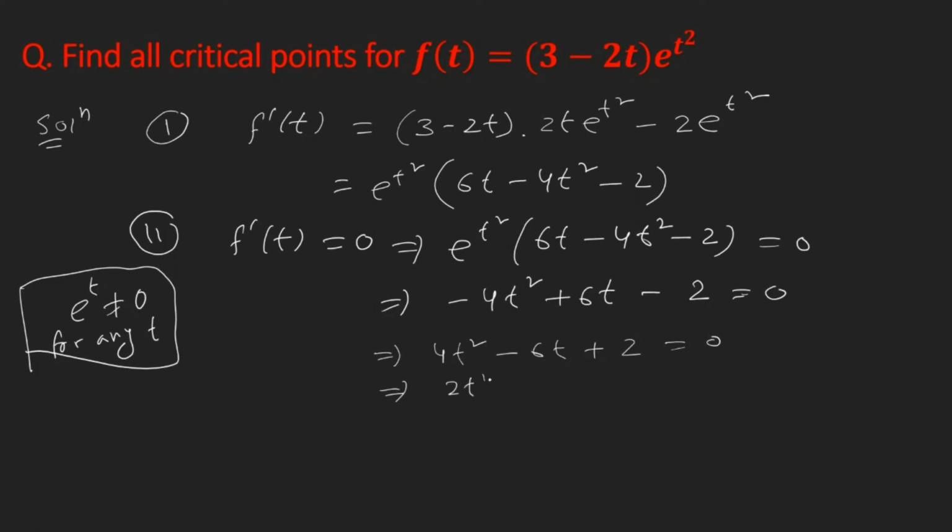For simplification, 2t square minus 3t plus 1 is equal to 0. If you factor, 2t minus 1 times t minus 1 is equal to 0, which implies t is equal to half and 1.